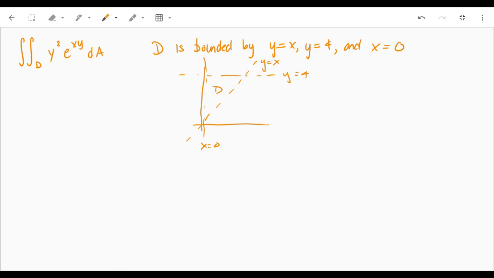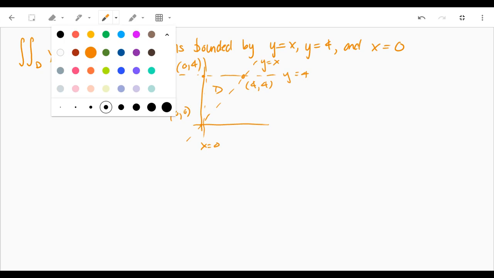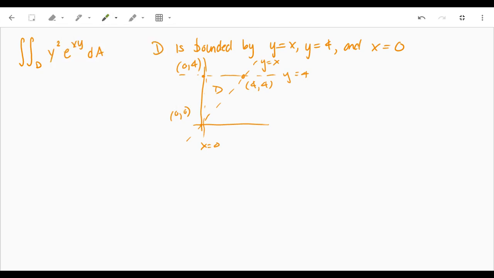Okay, so now we have options here. If this is y equals x, this point here is at (4, 4), this point would be at (0, 4), and this point would be at (0, 0). So one option is x is between 0 and 4, and then y would be up here between x and 4.